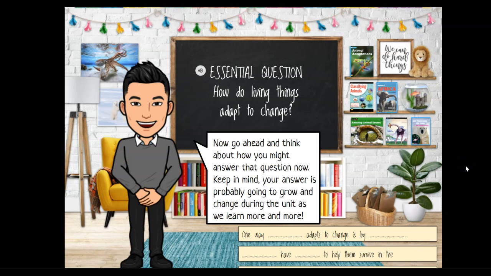Essential question: how do things adapt to change? Now go ahead and think about how you might answer that question. Keep in mind, your answer is probably going to grow and change during the unit as we learn more and more.